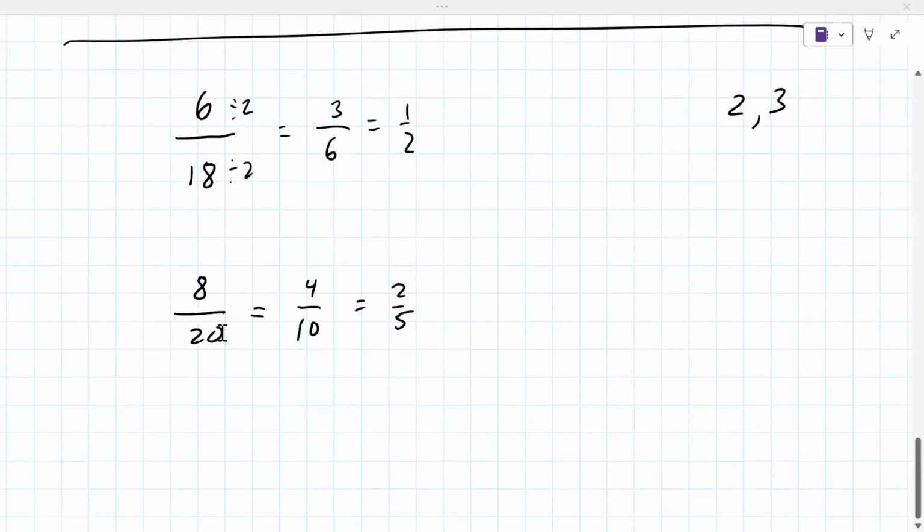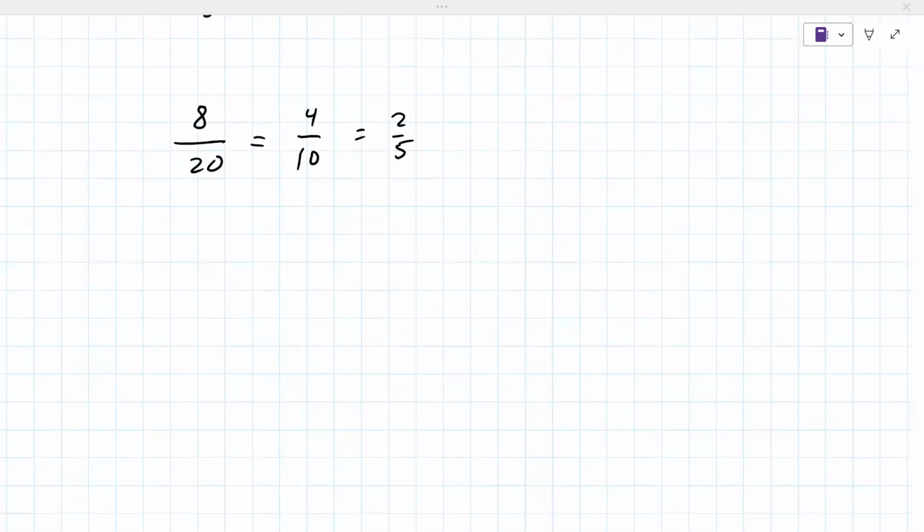All right. Let's try another one here. Starting to get the hang of this. Okay. Let's do 20/24. Can you reduce that fraction for us, please? Yes.